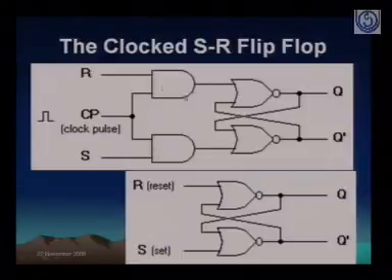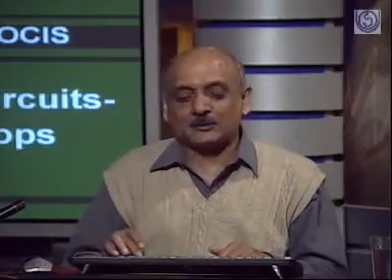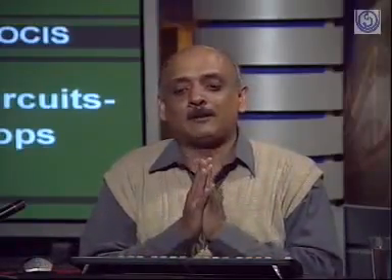But in this case, the input values of R and S will be applied to the circuit only when a clock pulse occurs. So this is a clocked SR flip-flop, all right? We are not going to discuss the edge-triggered kind of flip-flop, but even if you know the SR flip-flop, that itself is a good example of how a flip-flop functions.